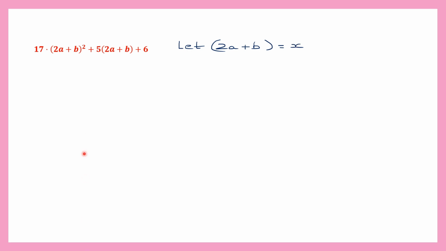That means in the place of 2a plus b, I'm going to write x. So this is going to be x square plus 5 into x plus 6. So now I've got it in this form. The expression is in this form because I have substituted 2a plus b with x, because we said let 2a plus b be equal to x.